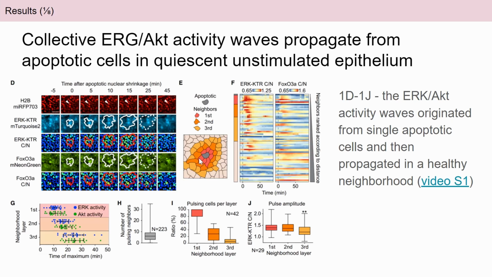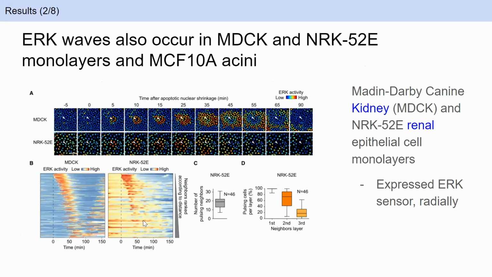From here, they can see that the ERK or AKT activity wave is strongest, most intense at the first layer, and it gradually spreads with lesser intensity into the second layer and third layer. This is the same as the other; they can just present it in another way, like a heat map or a graph. So this is something they proved they were able to see using this experimental setting.